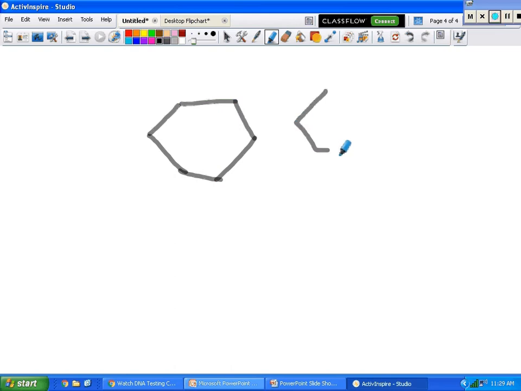So every point, and what I mean by that is every single time a line connects, that is where a carbon is represented. Okay? And so every carbon has two carbons attached to it. Let me do it in a different color. You're going to have two hydrogens coming off of it. So you'll have one here, here, here, here, here, here, here, here.